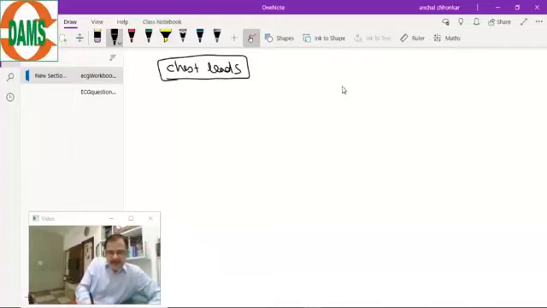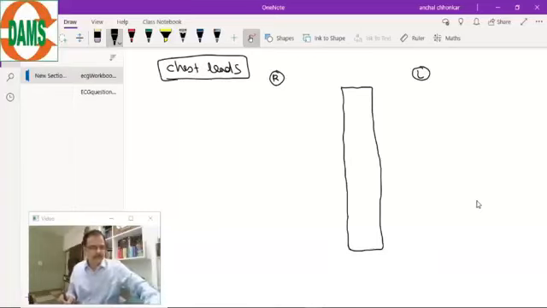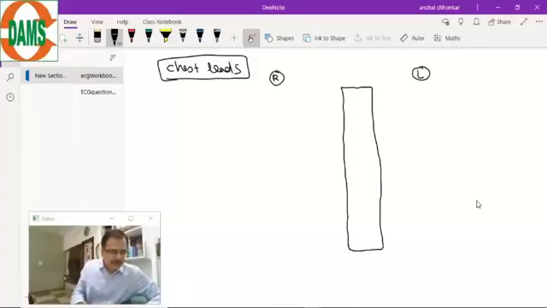Placement is, this is the sternum, right side, left side. Now this is the ribs.